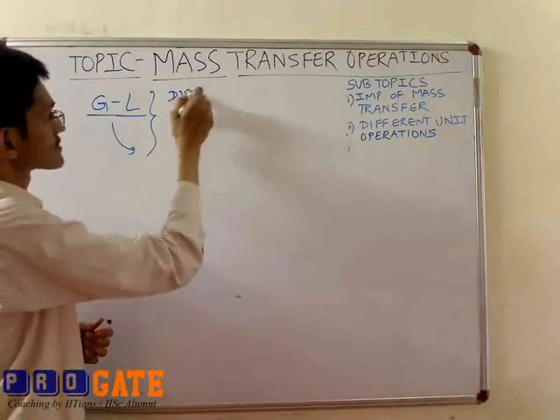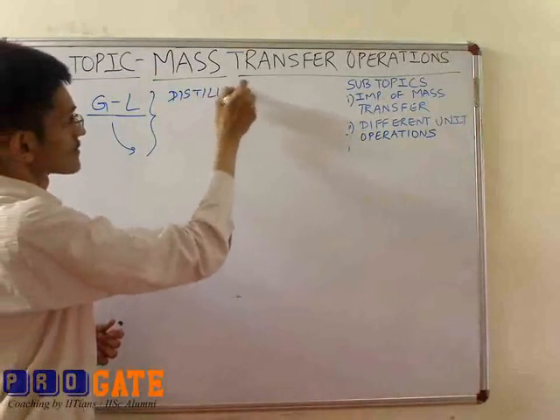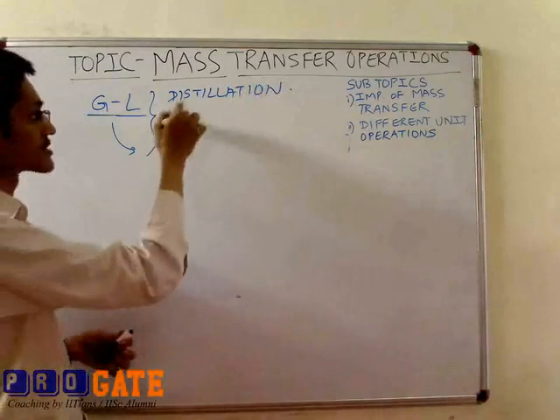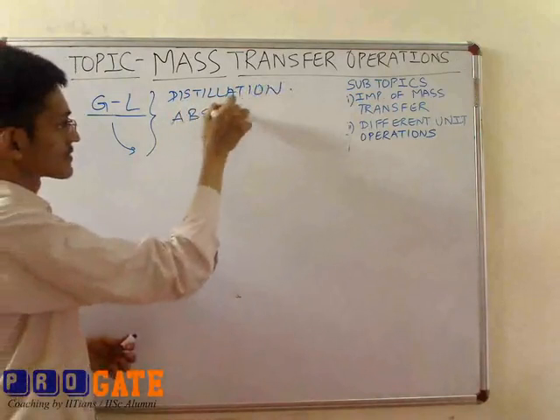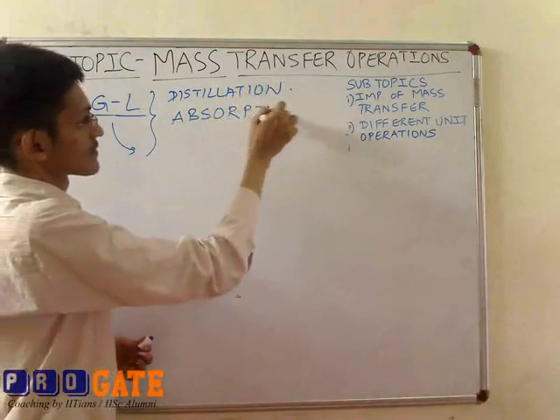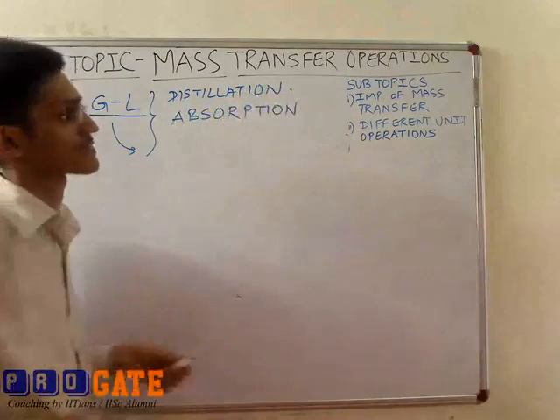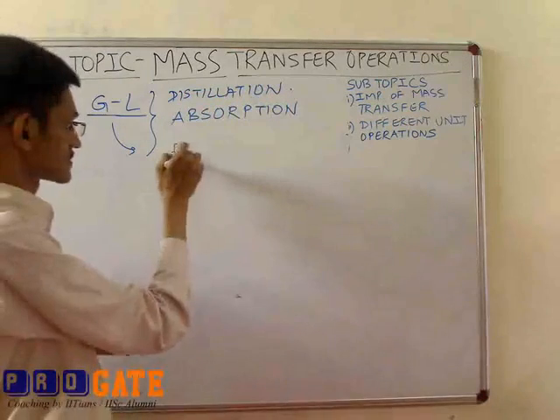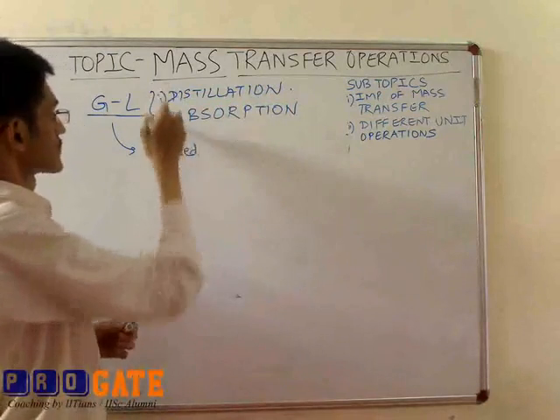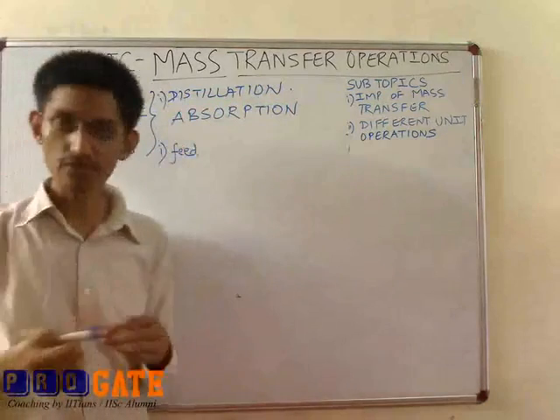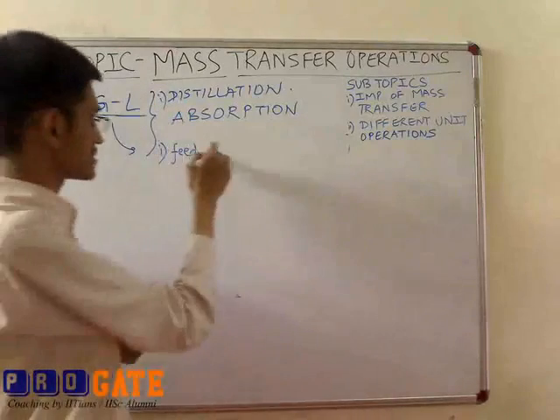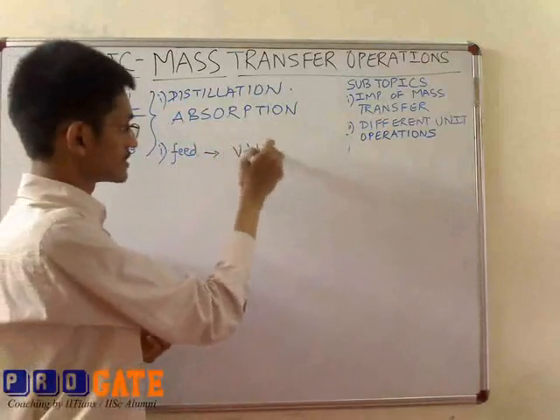It's distillation, then you may think of absorption. So in distillation, the feed may be only liquid or it may be vapor plus liquid, partial vapor, partial liquid, or only liquid.